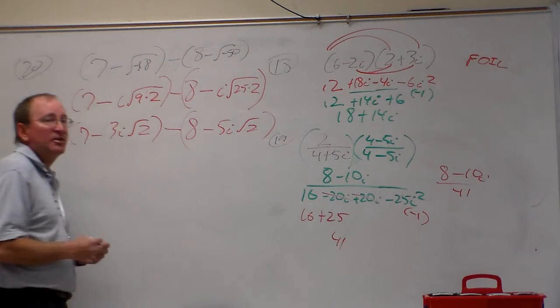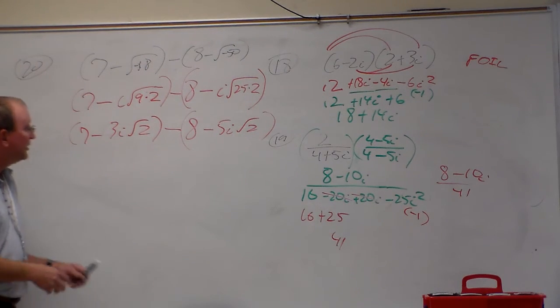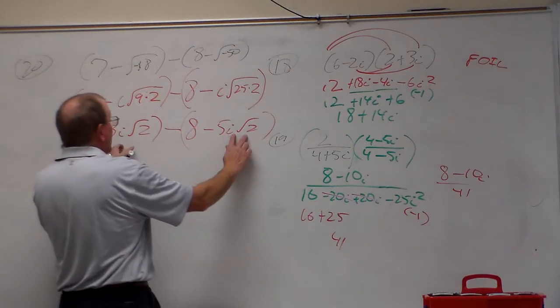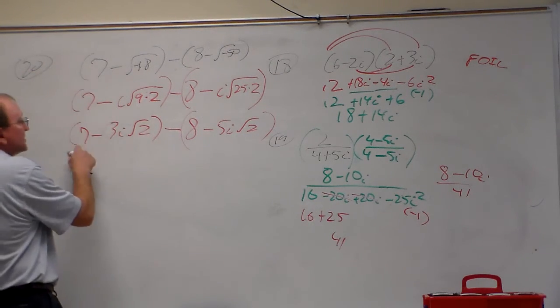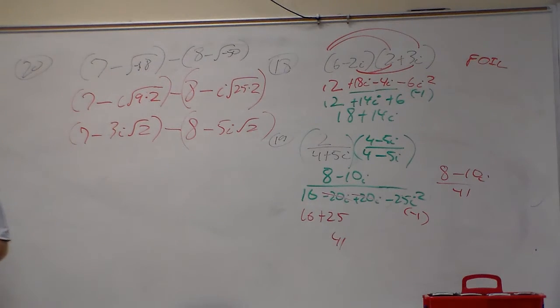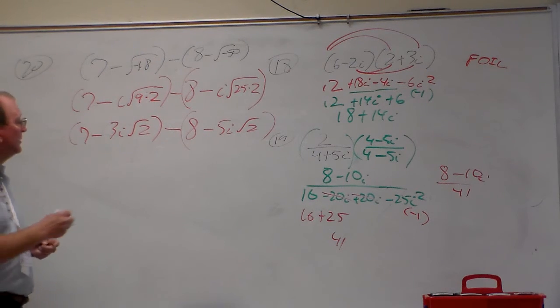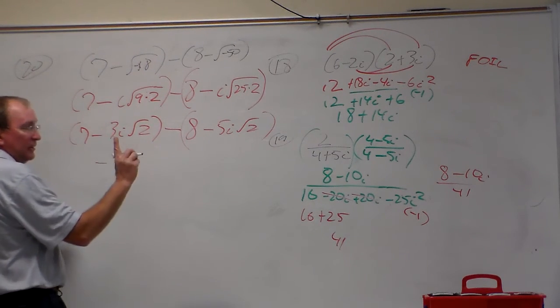Now, here is the kicker. Notice, these are the same, right? I can put these together. First off, what is 7 minus 8? Negative 1.